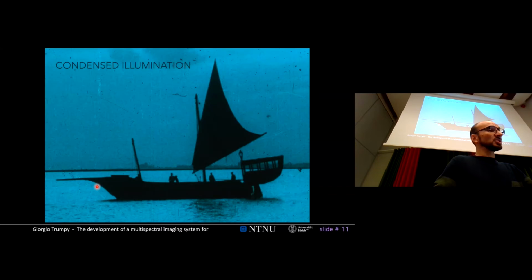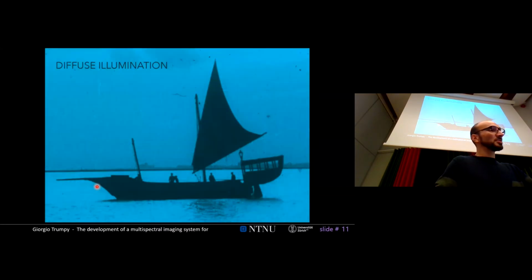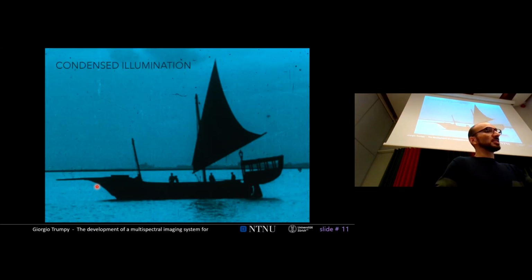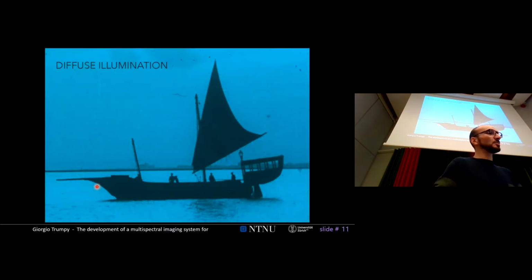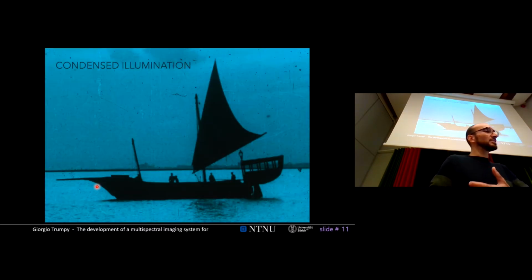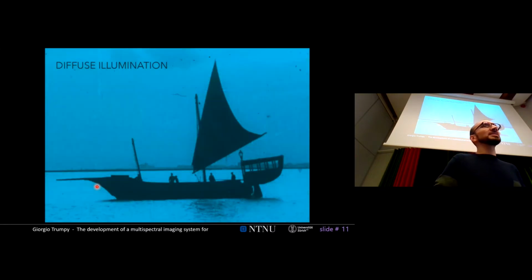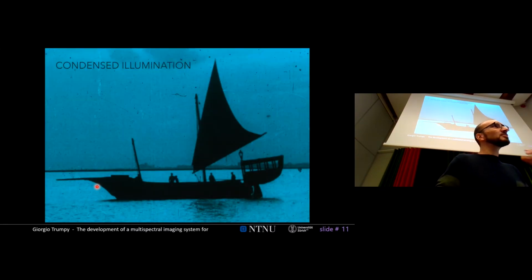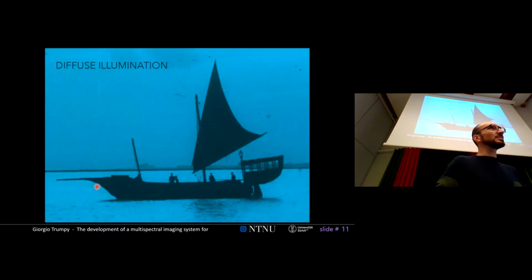So dust and scratches are way more visible in the condensed illumination, contrast is way higher in the condensed illumination, and diffuse illumination is a sort of automatic restoration of dust and scratches that are less visible, and this image is a bit softer.